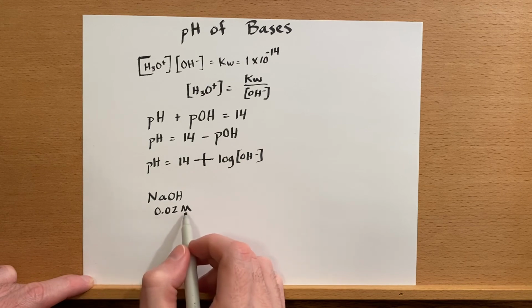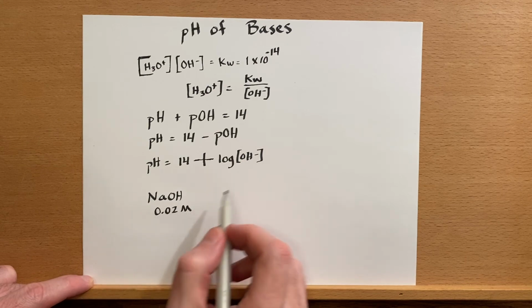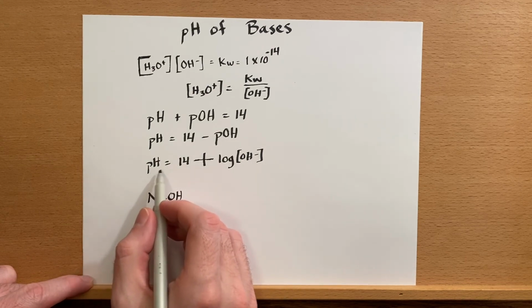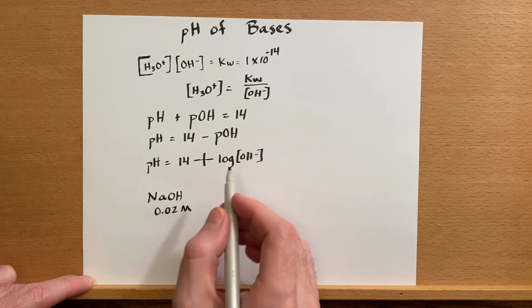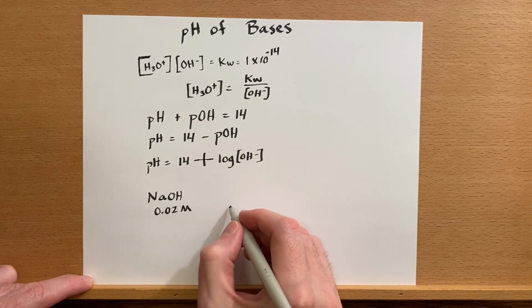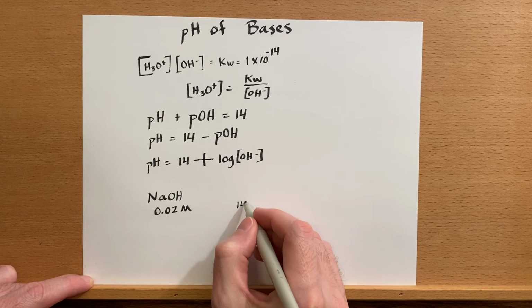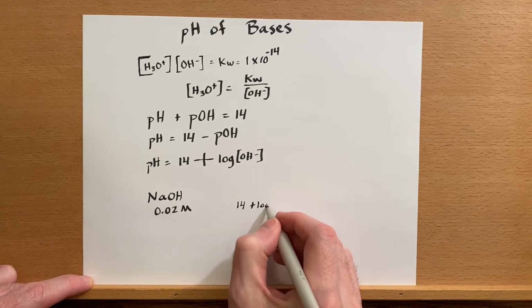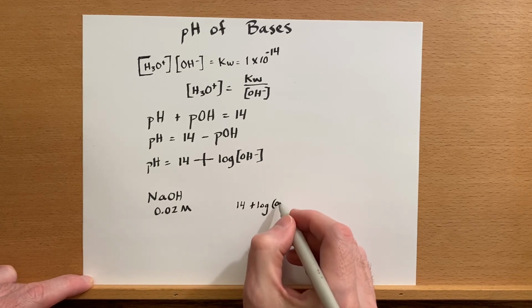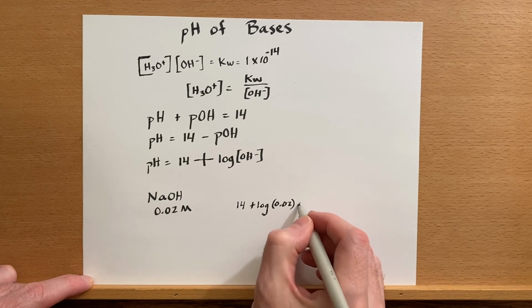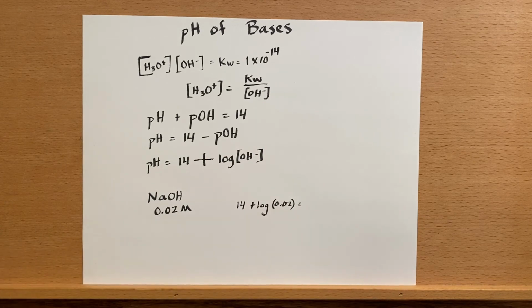Well, I can take this, put it in my formula that I just made up here, and calculate the pH. So I'll just say 14 plus log of 0.02 equals some number.